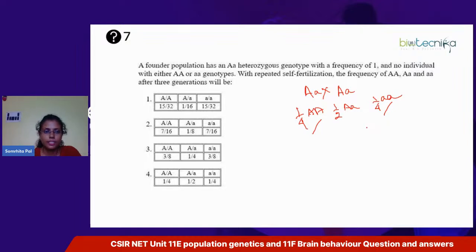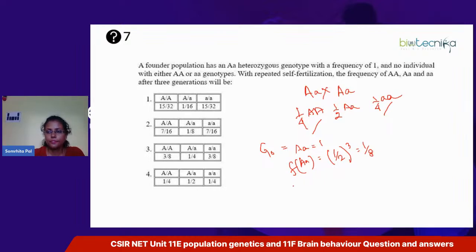Now, can you calculate and see? In this case, if I consider that in the G0 phase, generation 0, the heterozygote frequency is 1, then after 3 generations, the frequency of the heterozygote will be half to the power of 3, which is equal to 1 by 8.